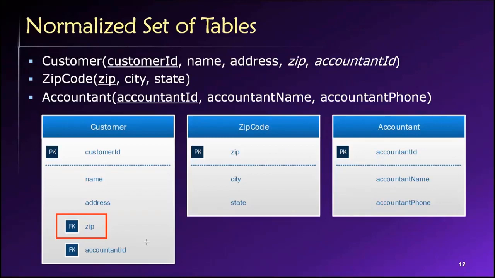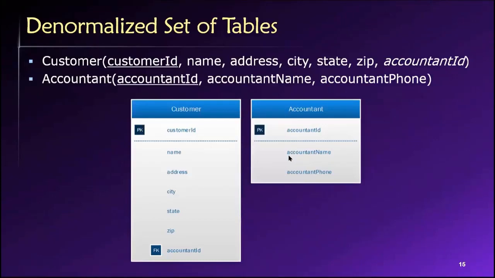And that's because of this relationship here. If I know the zip code, I also know the city and state. So if I have a design like this and I ask somebody to type in their zip code, I can easily and automatically fill in the city and state values on the screen that they're seeing. Okay? But we can't do that with this kind of design.